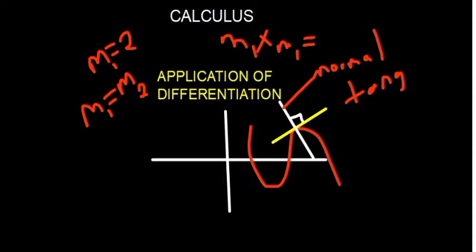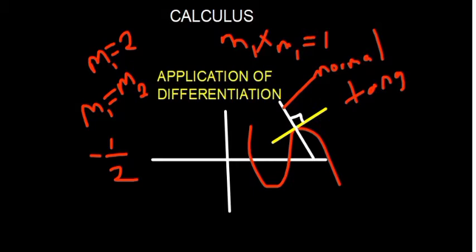So where 2 is the gradient of the curve, we expect the gradient of the normal to be -1/2, so that when we multiply them, we get -1. That is the introductory part of the application of differentiation.